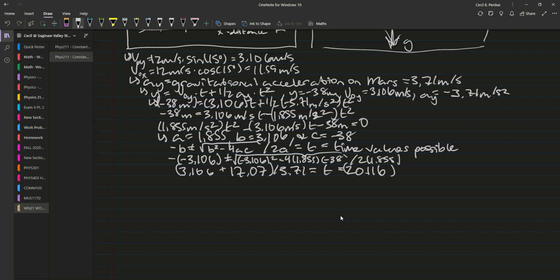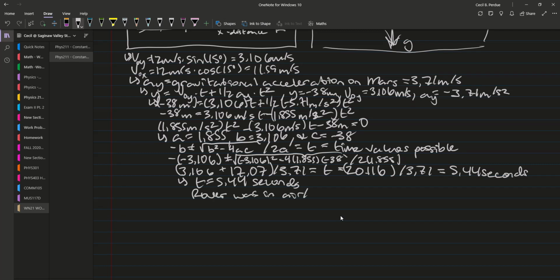And then that's going to be divided by 3.71. So it'll be equal to 5.44 seconds. So that's our final answer for the first part. T is equal to 5.44 seconds. So the rover was in the air, or falling, for 5.44 seconds.